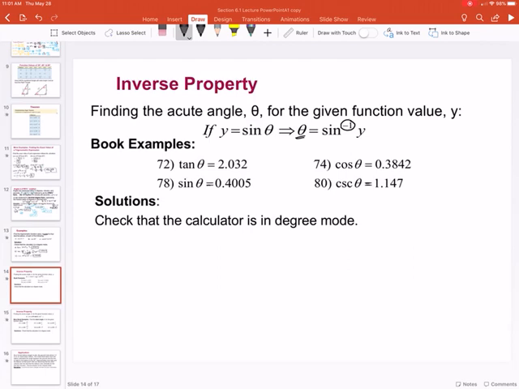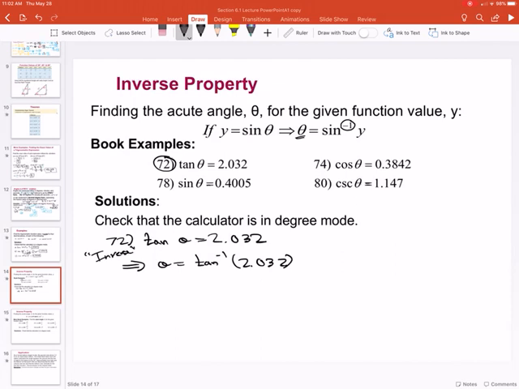All right, so let's show that in some examples. So for example, in 72, it says the tangent of theta is equal to 2.032. All right, well, if we want to find theta, that implies theta is equal to tan inverse of 2.032. So again, use your inverse characteristic.